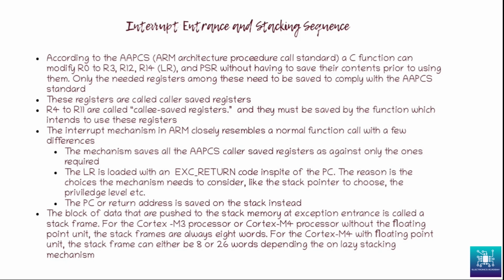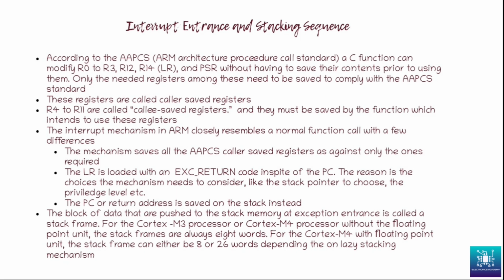I can freely use R0 to R3, R12, R14 and PSR, but if I intend to use R4 to R11, it is my responsibility to save these first on the stack, then use these registers, and restore them before exiting the function, so that the caller function gets these registers in the same state as it had before it called the second function.